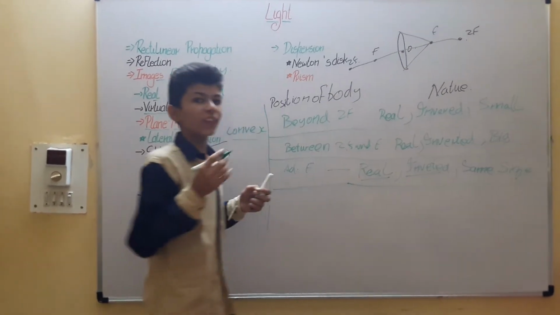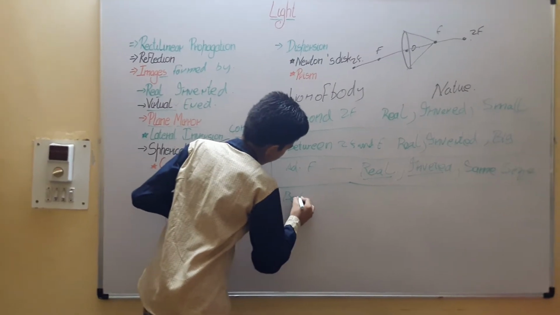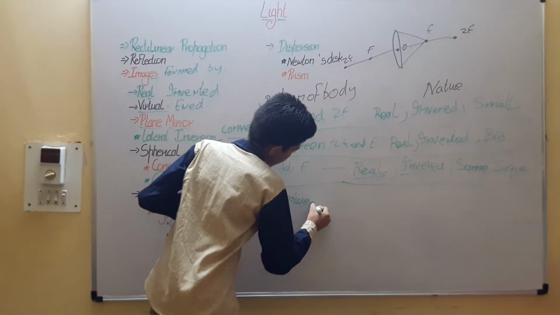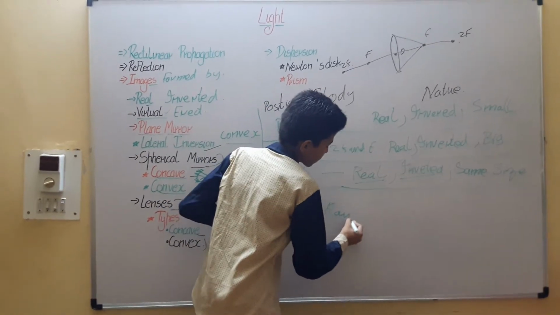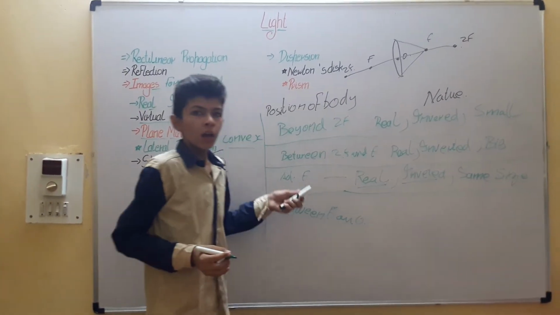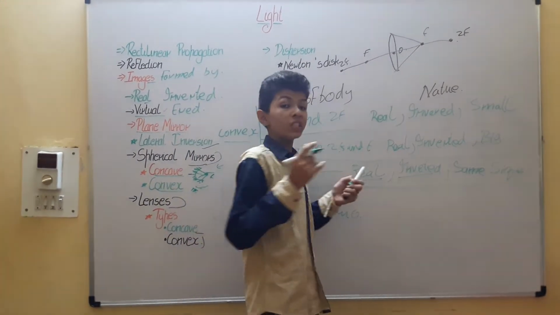And when the object is between F, which is focus, and O, which is optical center, then the image would change.